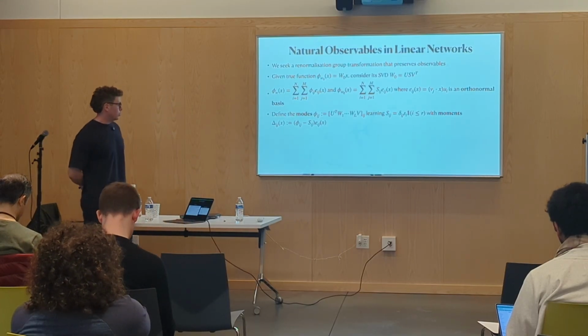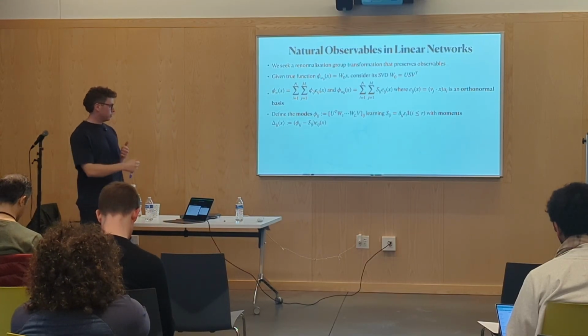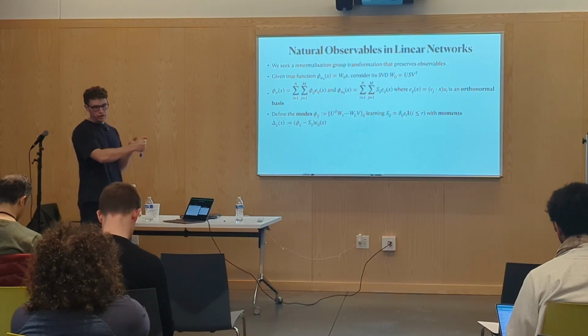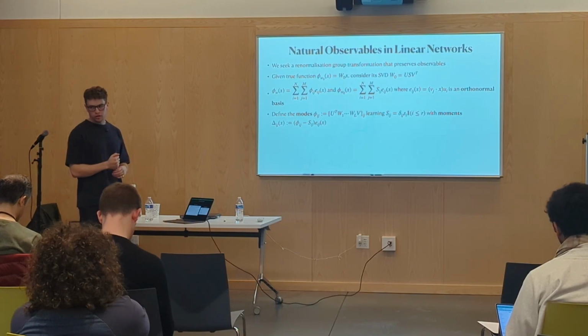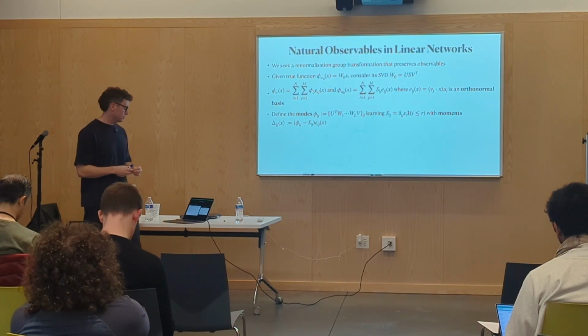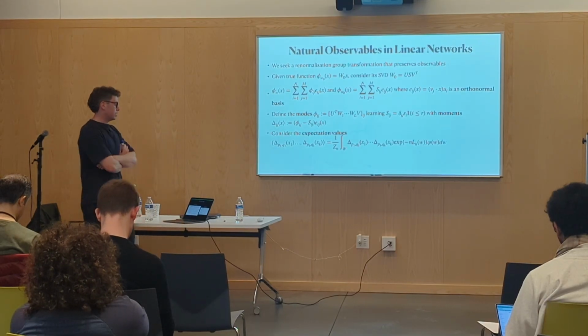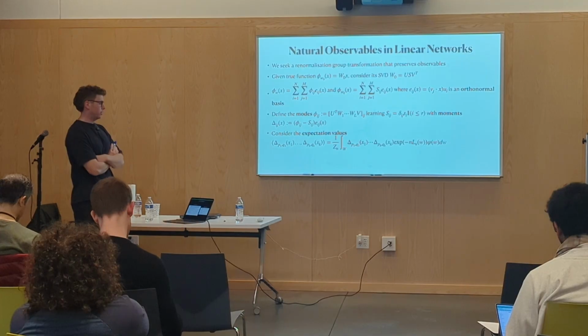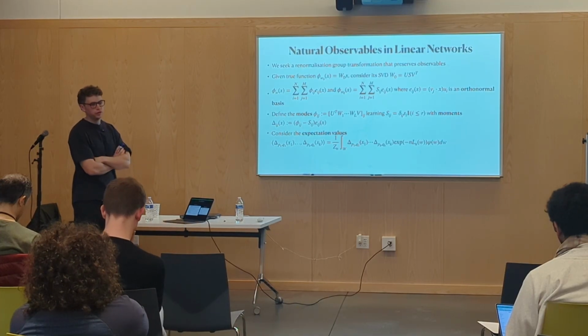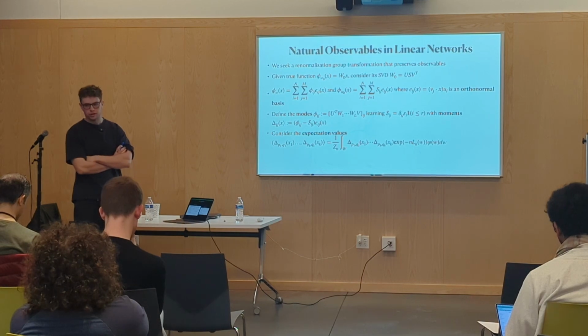And then we can define moments, which is the difference between our network parameter and the singular value that it's learning, or 0 if it's learning the 0 function. Then we want to consider expectation values of these moments. These are the natural observables that I would think you want to preserve under a renormalization scheme.